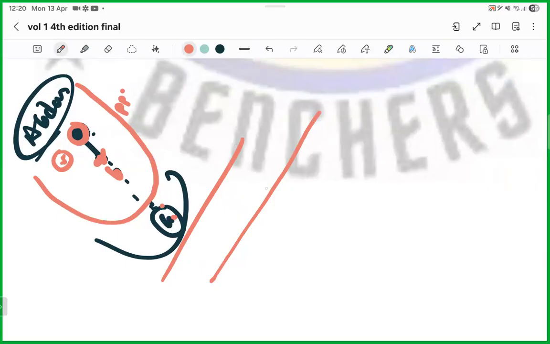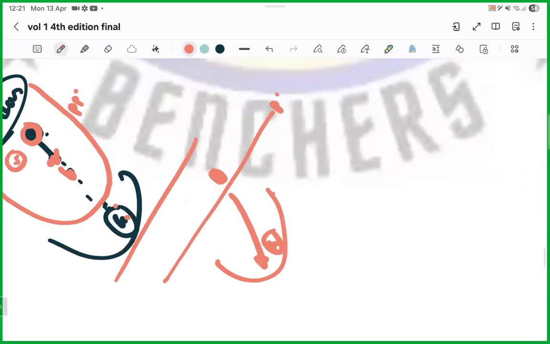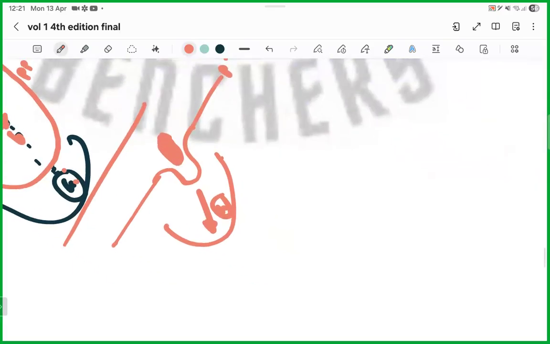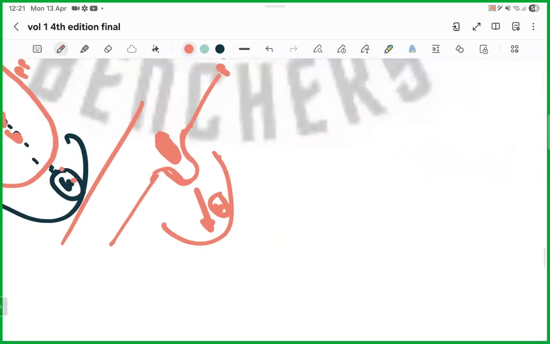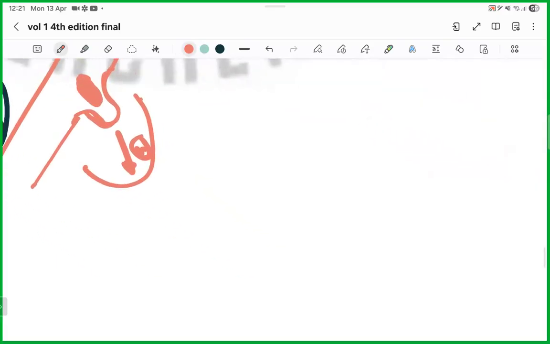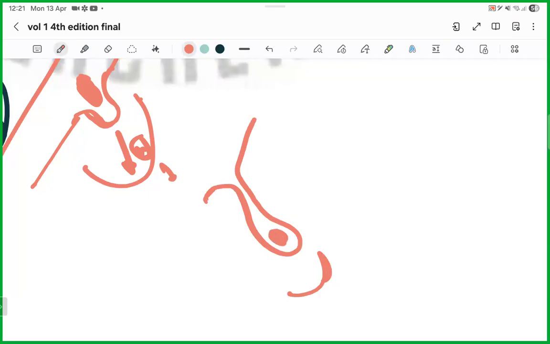So if this is our testis, this is our peritoneum, it's coming down, this is our scrotum. Its destination is here due to gubernaculum atrophy. It will come with a layer of peritoneum. See, this peritoneum will bulge out and it will come more. So this is the scrotum and it will come like this.